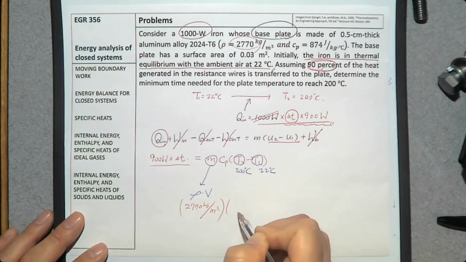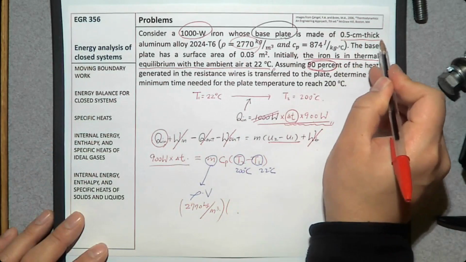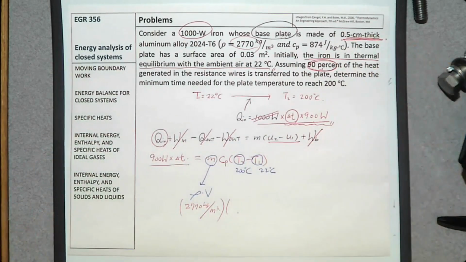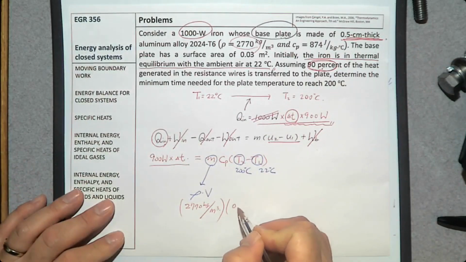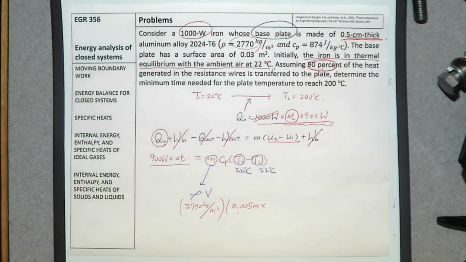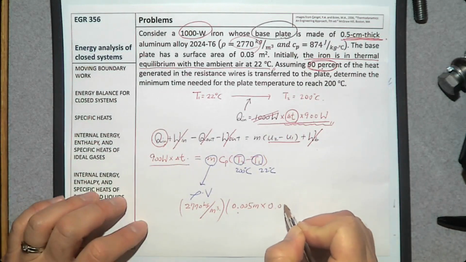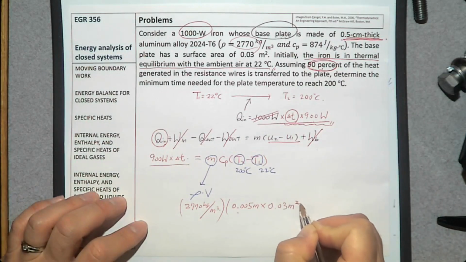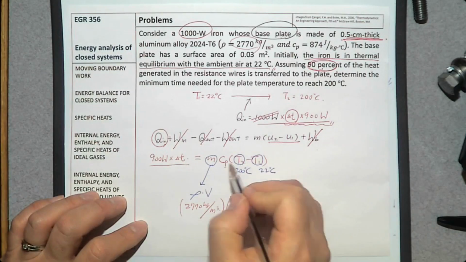Then what is the volume? We have the thickness of this base plate, 0.5 centimeters. You don't like centimeters, you like meters, right? 0.005 meter times, do we know the surface area? Yes, 0.03 square meter. So we have everything. What about specific heat?